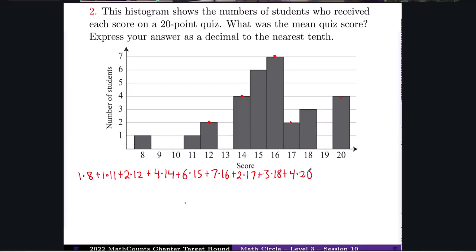So that's what I would get if I added up the scores of all the students, right?